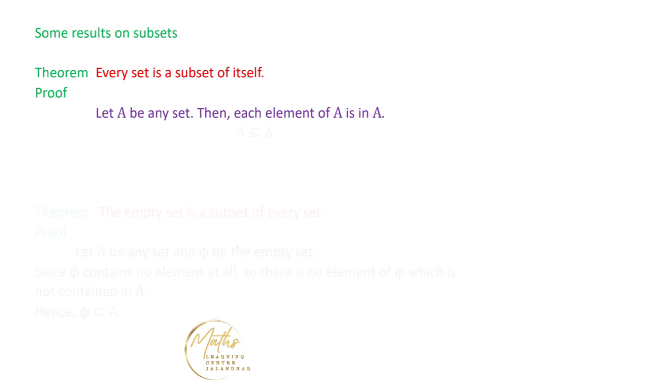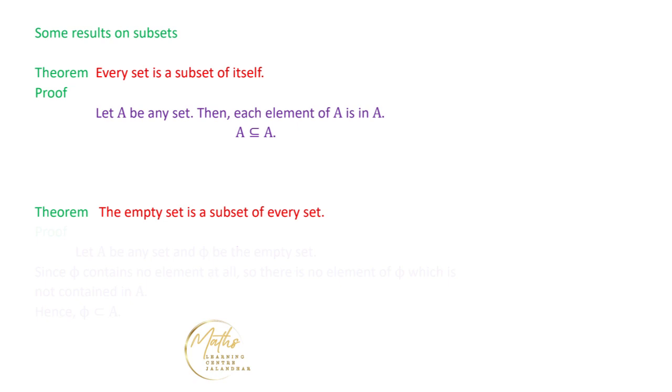So by the definition of subset, A is a subset of A. It is important to note that we are using the term subset, not proper subset, because A is not a proper subset of itself, but it is a subset of itself.